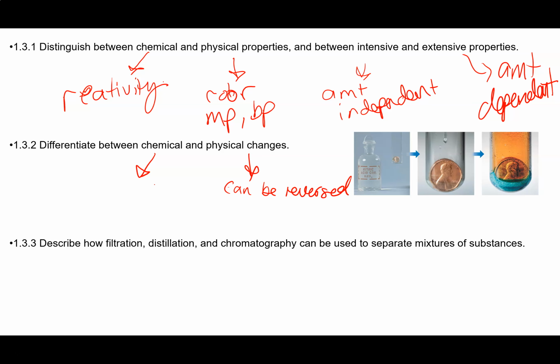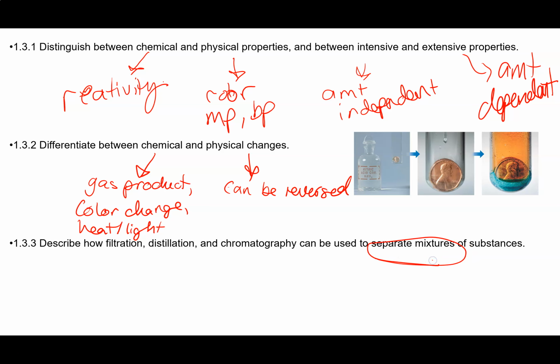So when we're looking for signs of a chemical change, we're looking for gas production, color change, maybe the generation of heat or light, etc. Remember, not reversible.